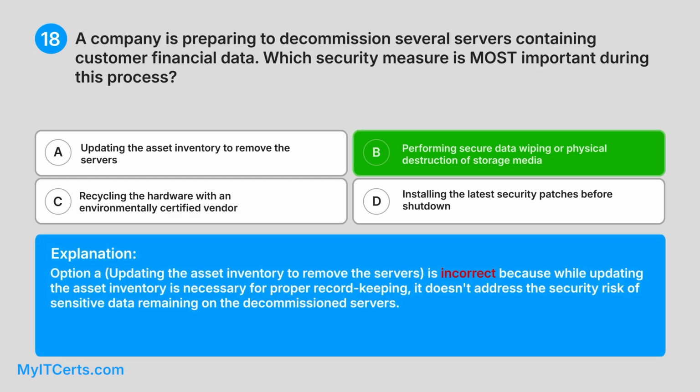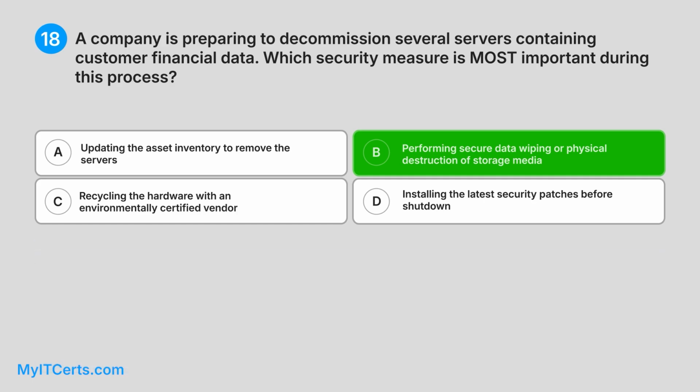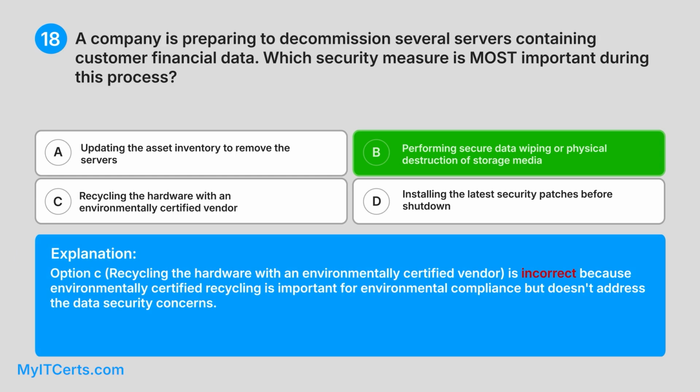Option A, updating the asset inventory to remove the servers, is incorrect because while updating the asset inventory is necessary for proper record keeping, it doesn't address the security risk of sensitive data remaining on the decommissioned servers. Option C, recycling the hardware with an environmentally certified vendor, is incorrect because environmentally certified recycling is important for environmental compliance, but doesn't address the data security concerns.